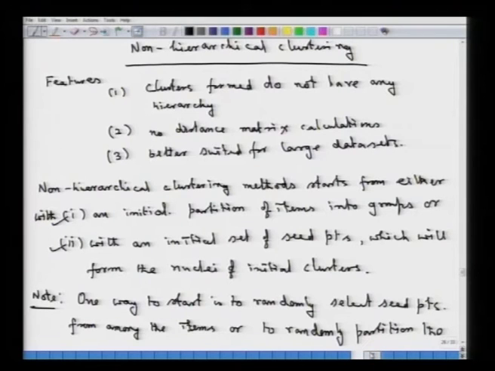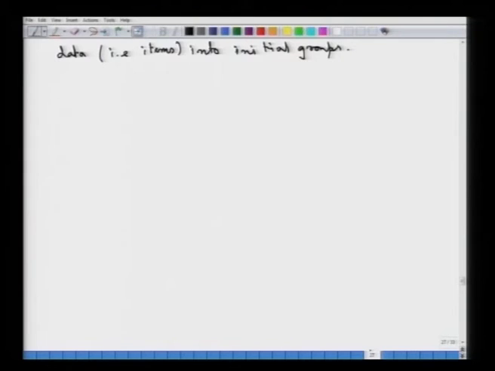We will look at one example. In the example, we will adopt the first approach, that we will have an initial partition of items into groups, and then we will see how this method of k-means clustering is going to evolve.